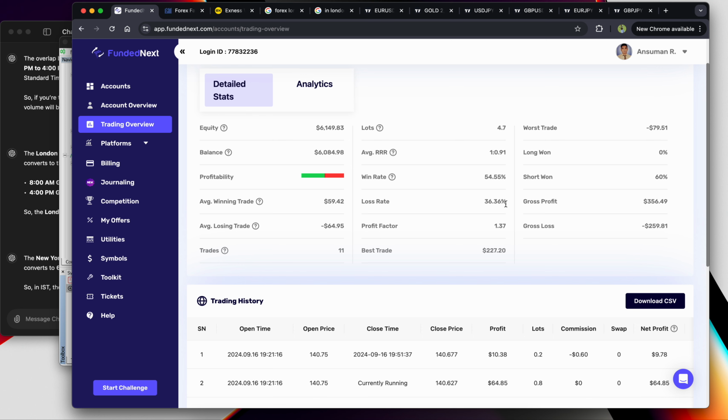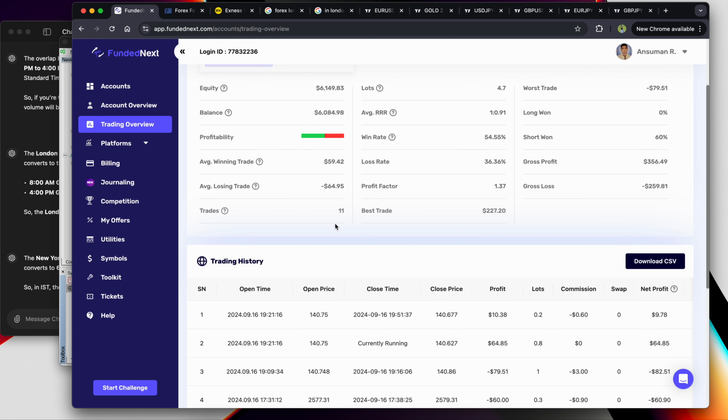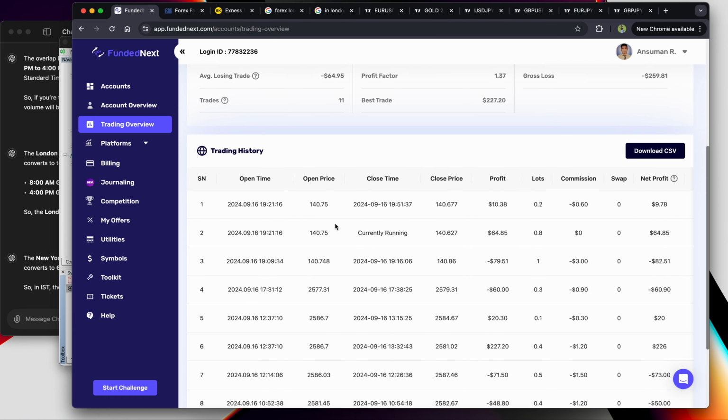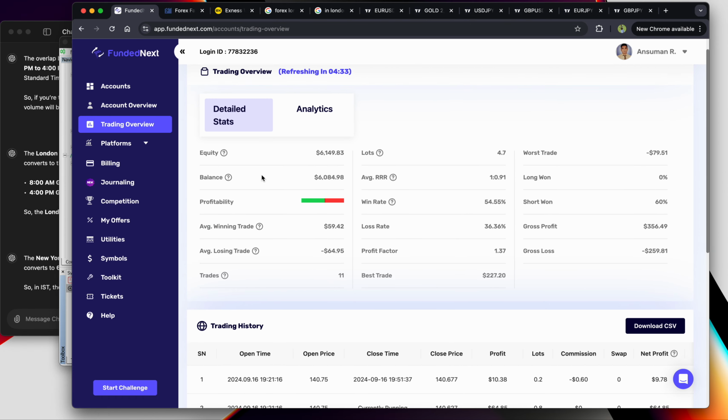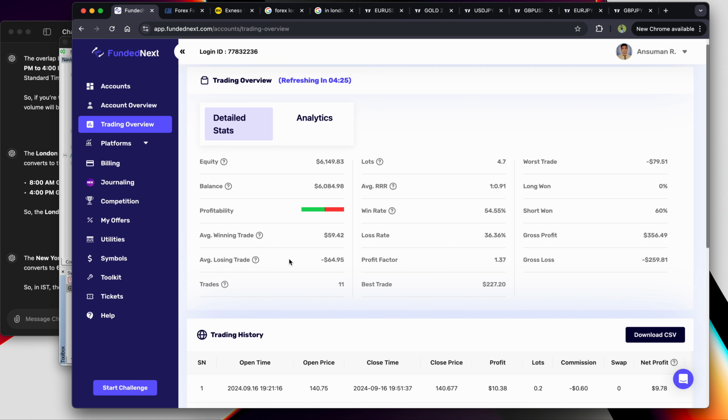I'm mostly a short seller, so I prefer shorting. I look for the best shorting position and I short the markets. So profitability, the return, I have average RR. Let me show you the returns that I have generated.